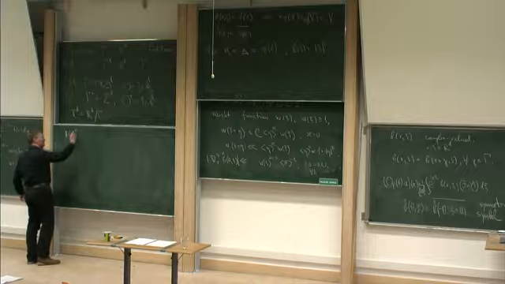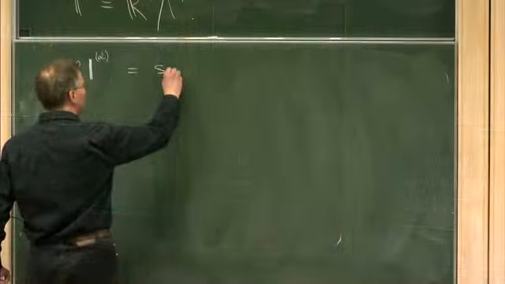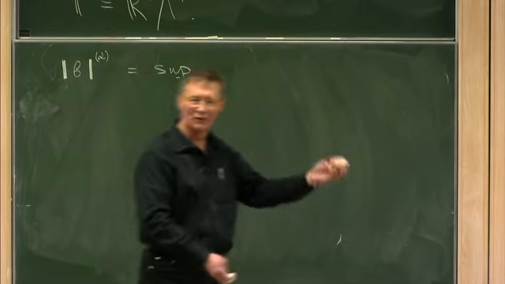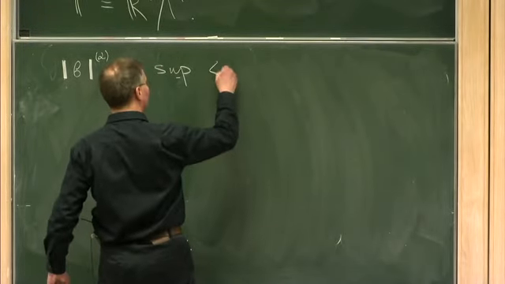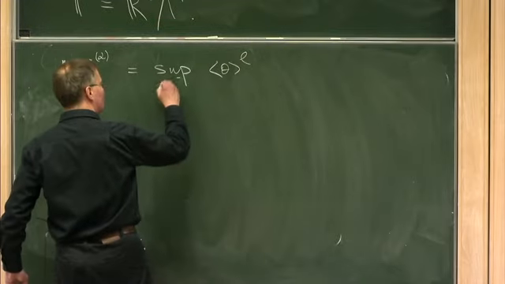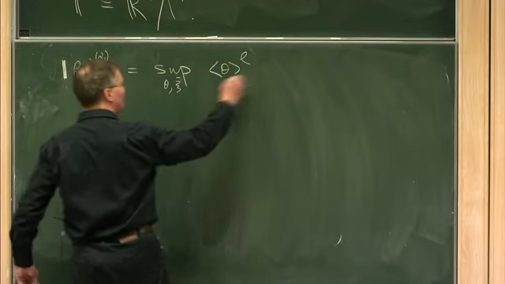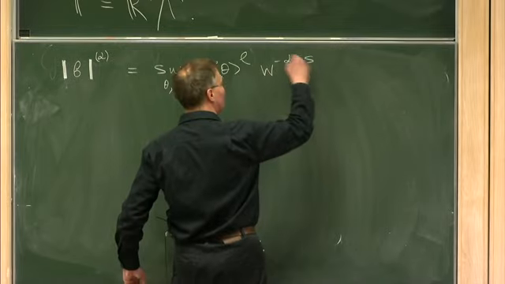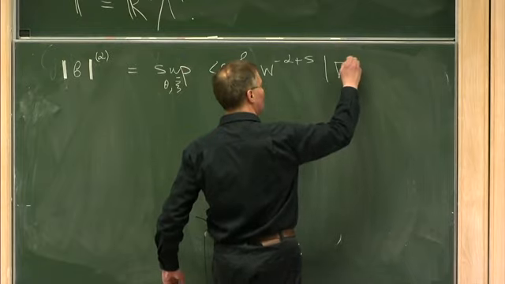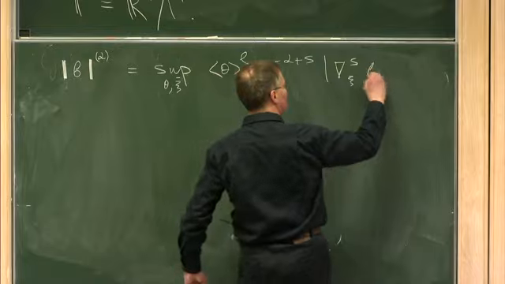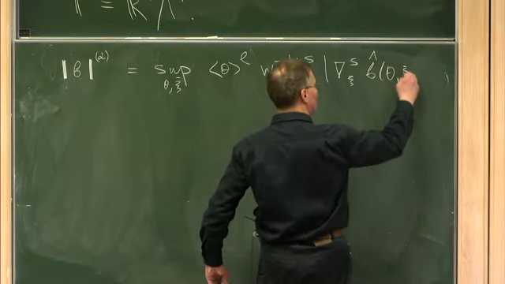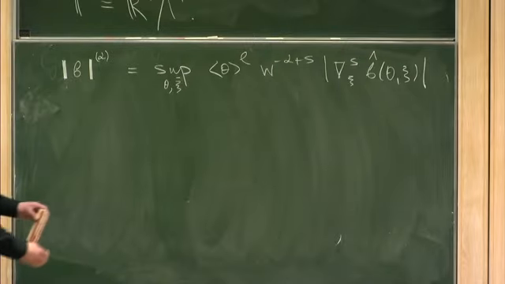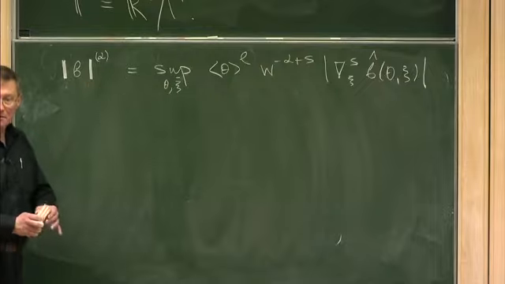So alpha here, and then this is the supremum of, we know what to do here, so here we have to multiply it by theta psi, w to the minus alpha plus s. Here we are. Right, as I said, this depends on L and S, of course.